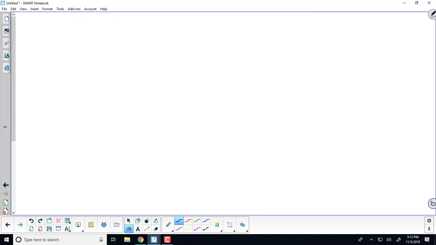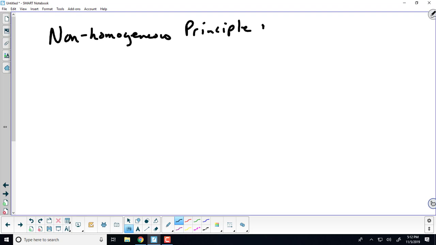Okay. So let's look at the non-homogeneous principle for linear transformations. So let's let T map from some vector space V to some vector space W, be a linear transformation.